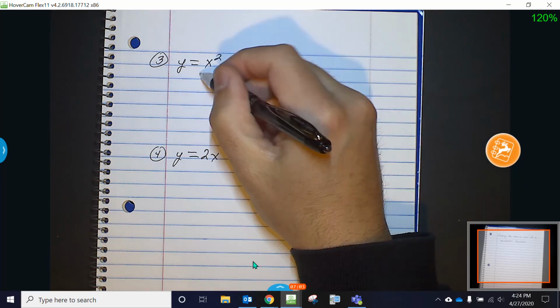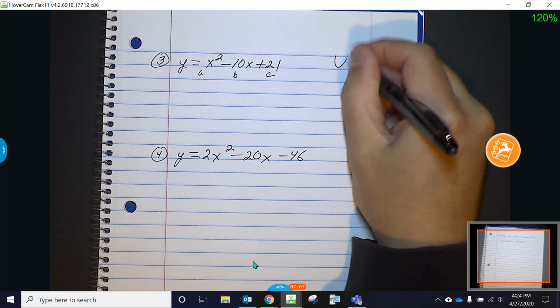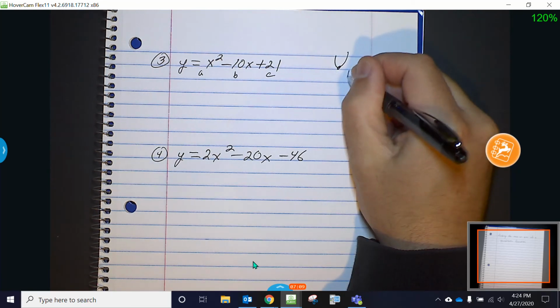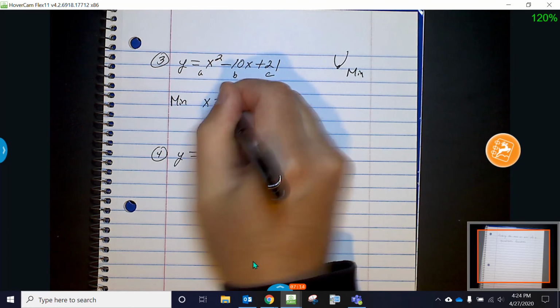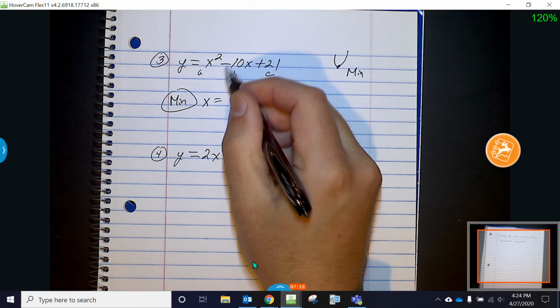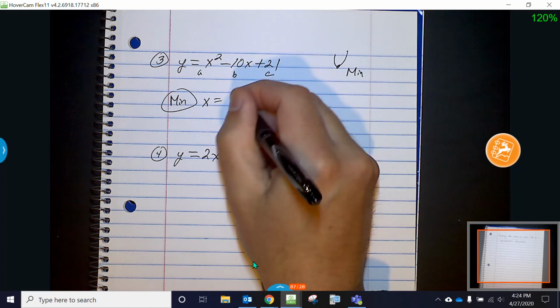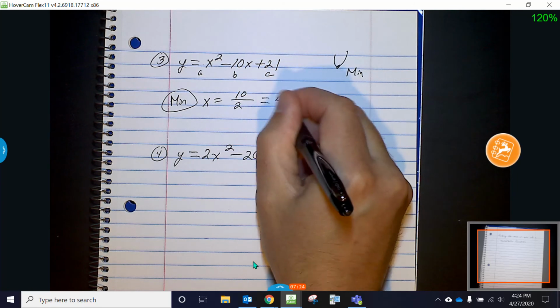Okay, our a term here is +1, so it opens up, so our vertex here is a min. Our x is the opposite of -10, which is +10, over 2 times 1, which is 2, so we get 5.